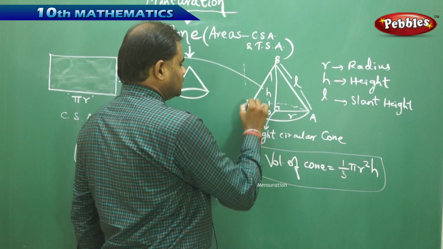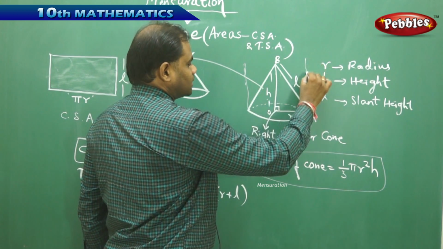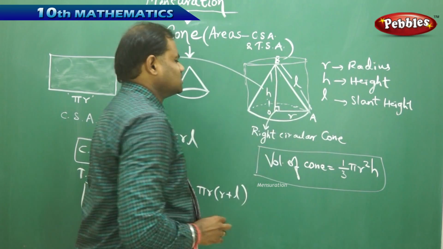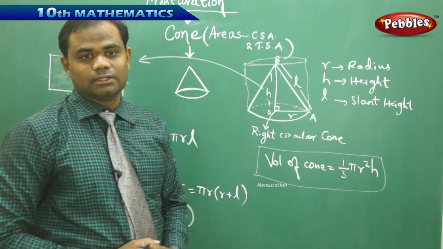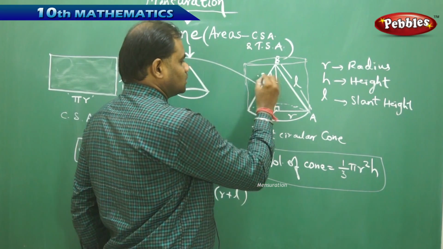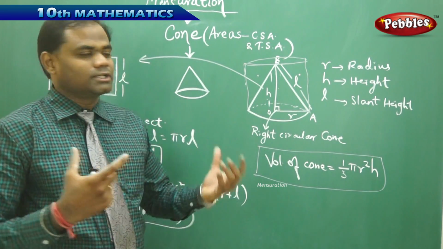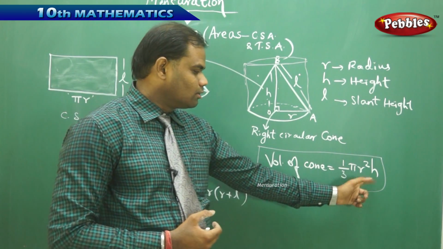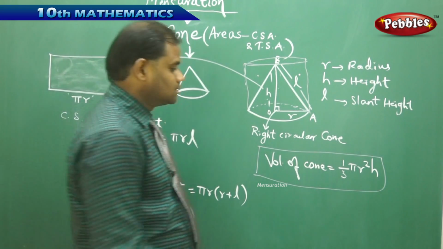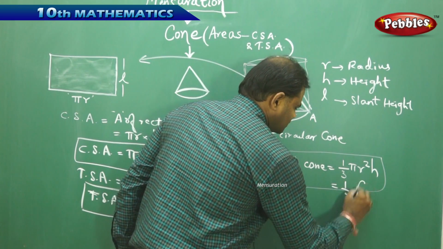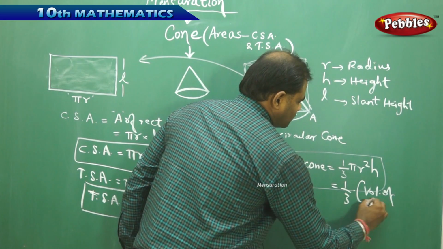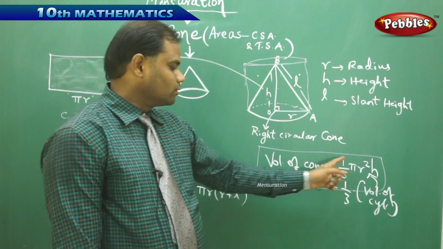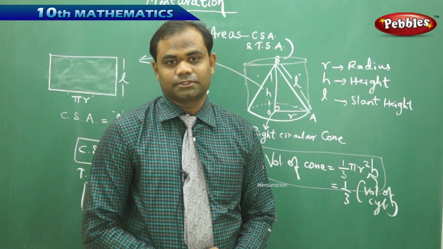Cone is a part of a cylinder, which is 1/3, because there are 3 cones which combine to form one cylinder. Therefore, the volume of a cone is 1/3 of the volume of a cylinder, which is pi r square h, and hence the volume of a cone is 1 by 3 pi r square h.